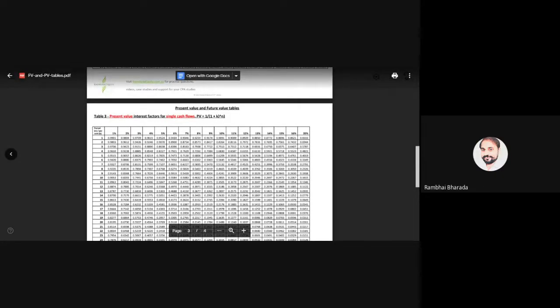Same values we will use, no change. In the first year we have 0.9091. In the second year, 0.8264. In the third year, 0.7513.